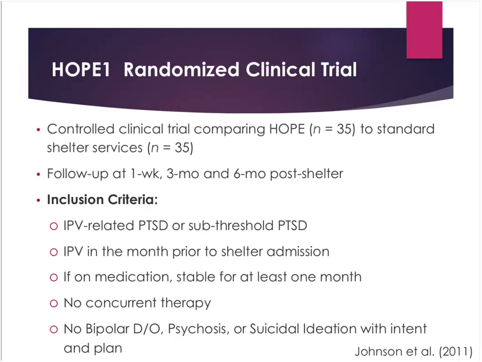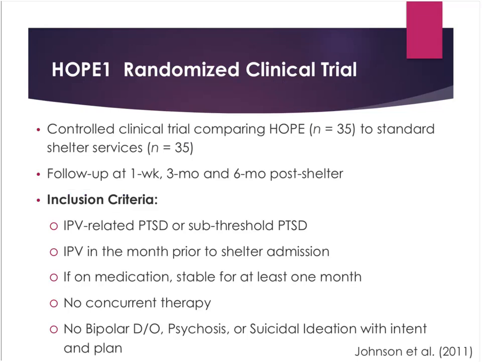Okay, so we started with a randomized trial of 70 women who were all in one of two shelters in the same shelter system. And we had 35 women who got HOPE. The way we did this is, of course, everyone's in shelter and they get what we call standard shelter services, so they get all the therapeutic case management aspects of shelter.